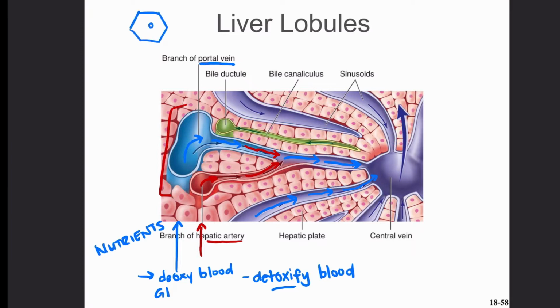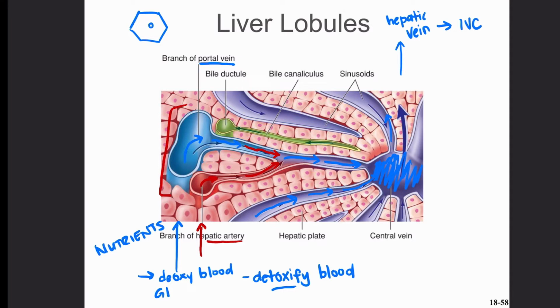That's a lobule. And then they're going to exit via the central vein, which is going to feed into a hepatic vein, which is going to feed into our inferior vena cava. Blood here is deoxygenated, so really this should be blue, not purple, because it is oxygenating these tissues at the same time.